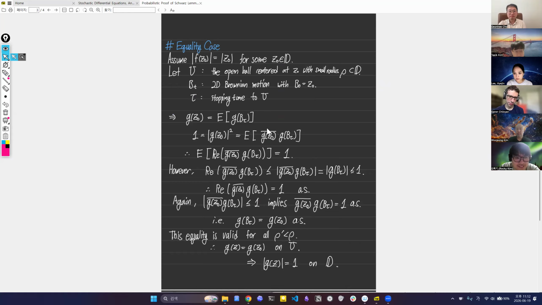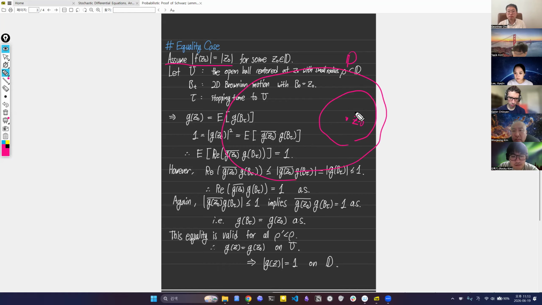To get the equality case, it is easy with this intuition. Assume the modulus of f is the same as the modulus at the point. Then draw a small circle contained in the unit disk.